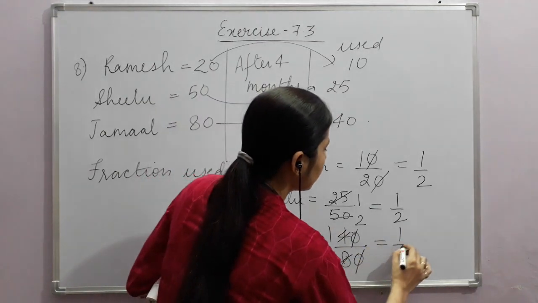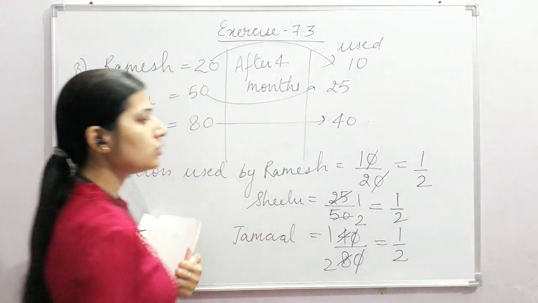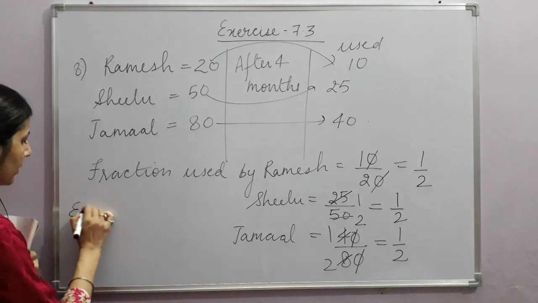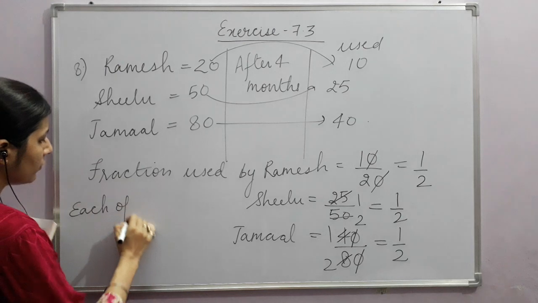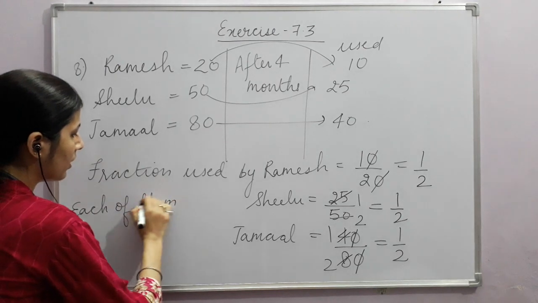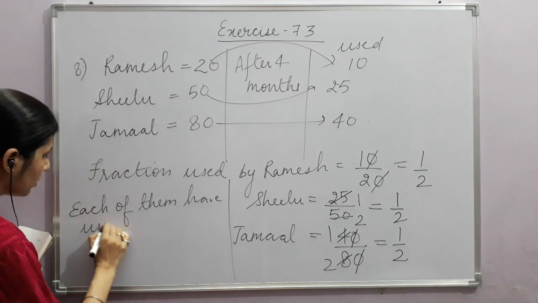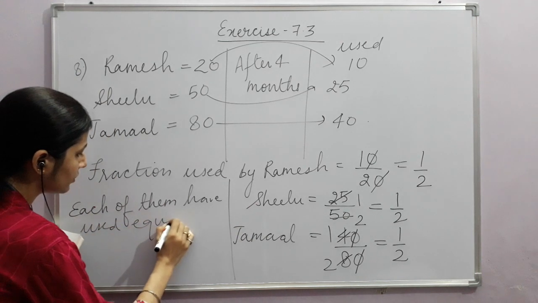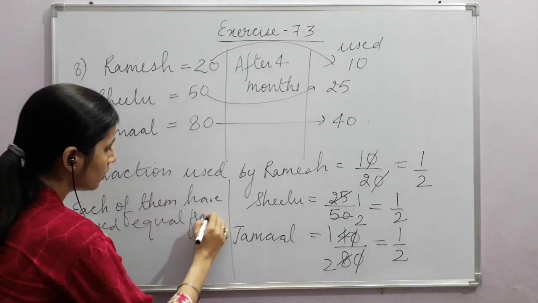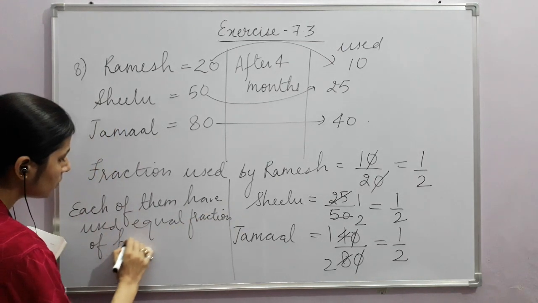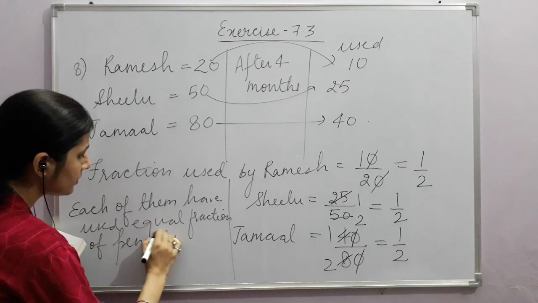Again you are getting 1 upon 2. So each of them has used an equal fraction of pencils. So at the last you will be writing, each of them have used equal fraction of pencils.